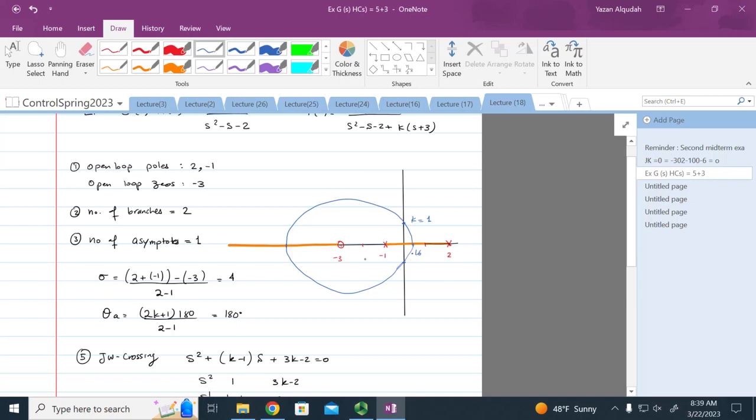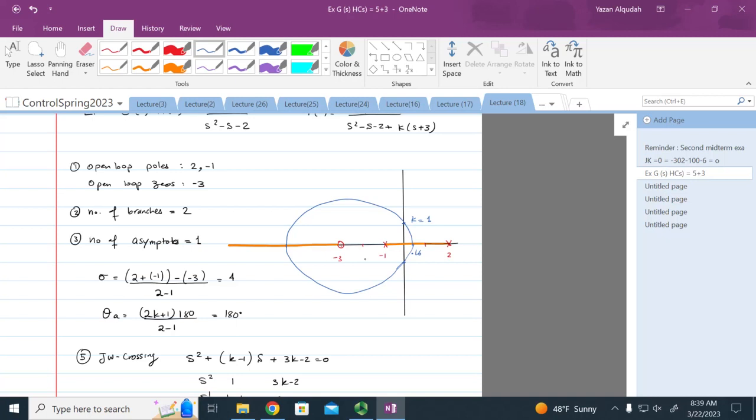Okay, what happens when k is very small? Is the system stable or unstable? Unstable. Why? Because we start with a pole that is in the right half plane. K is very small, unstable. K equal to 1 becomes stable. As k increases, we go all the way here and then go this way.